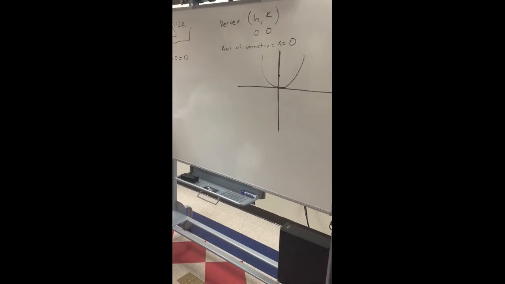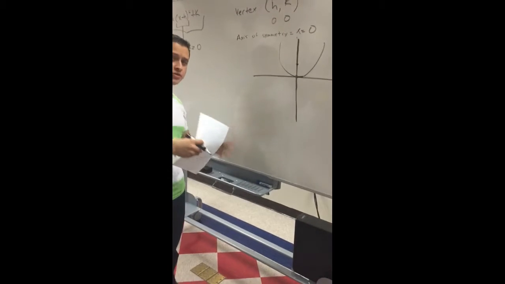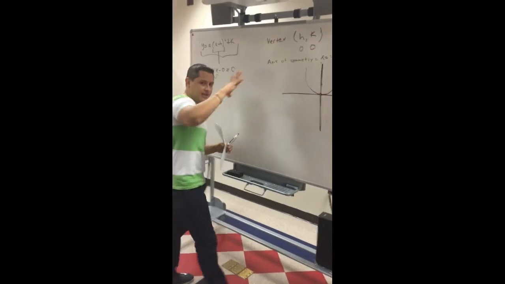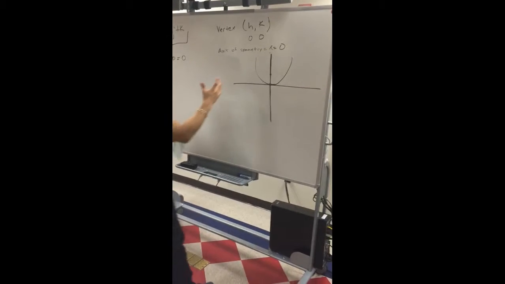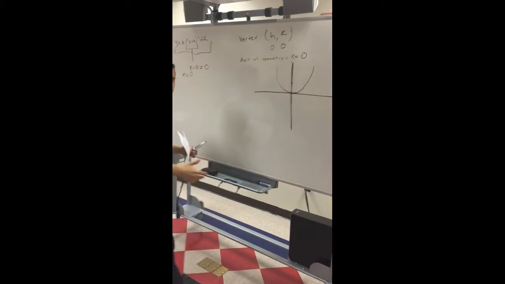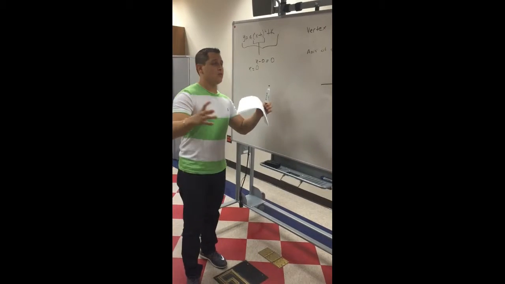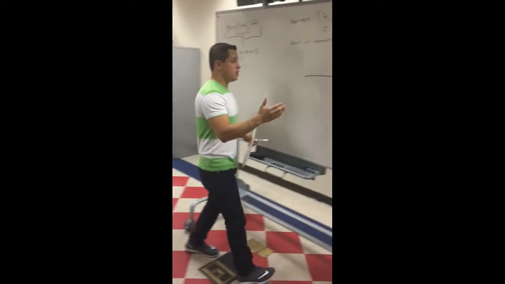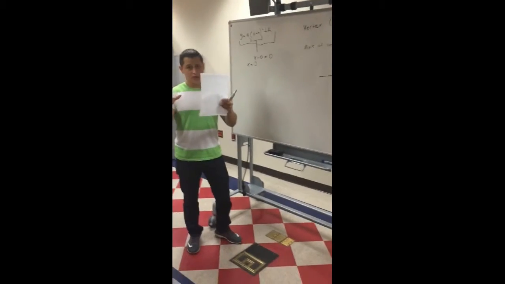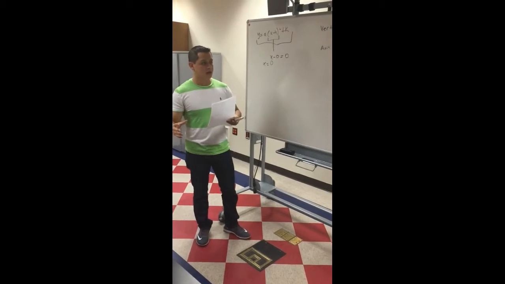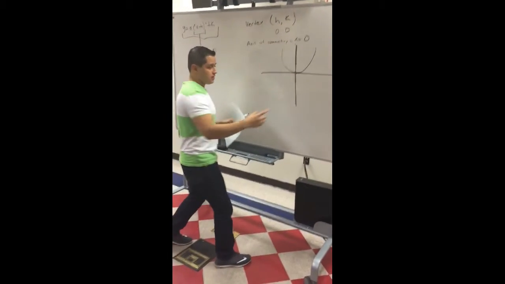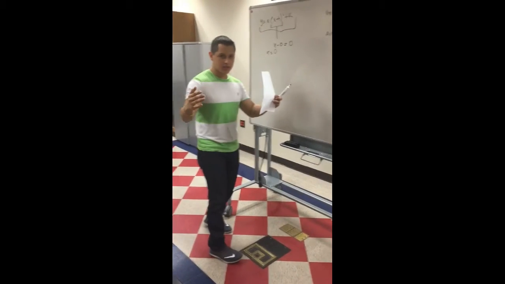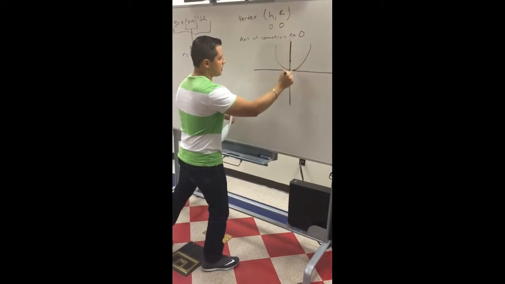A very good way to remember that the focus always goes inside the parabola is to think of the focus as a planet, and the curve, the parabola, as an object. When an object passes by a planet, if the object is not going at a very fast pace, the planet is going to catch it in orbit, and it's going to go around and around and around.